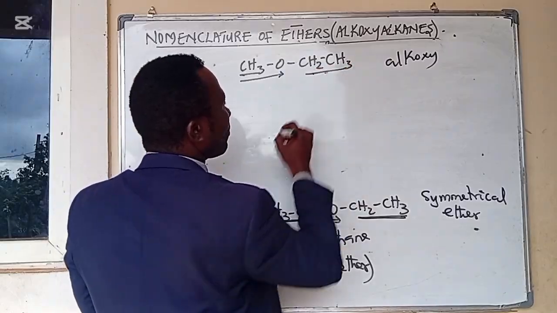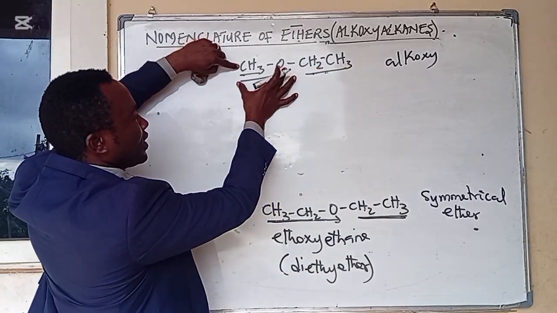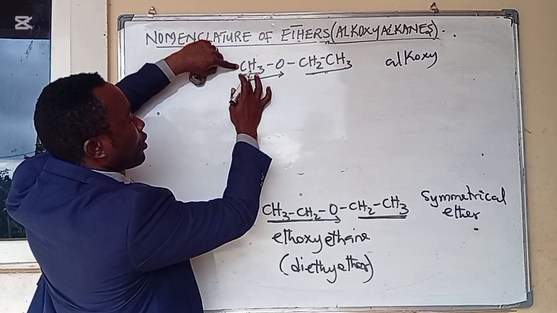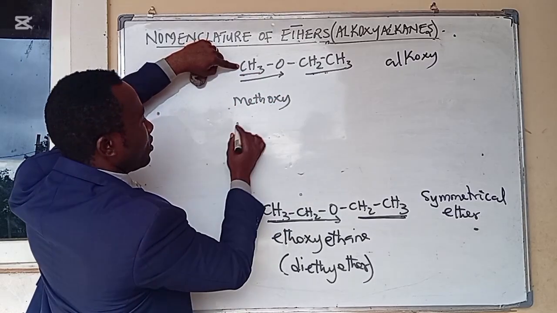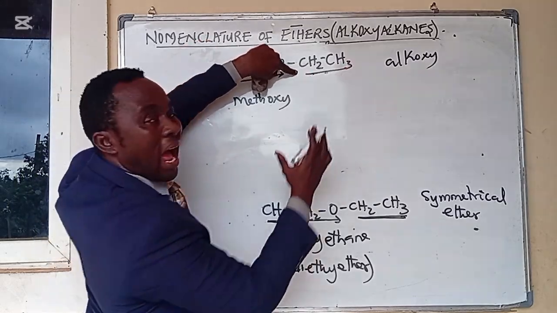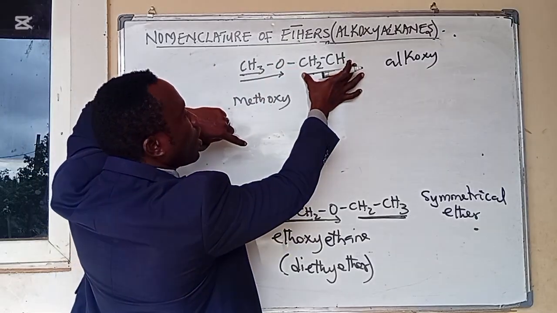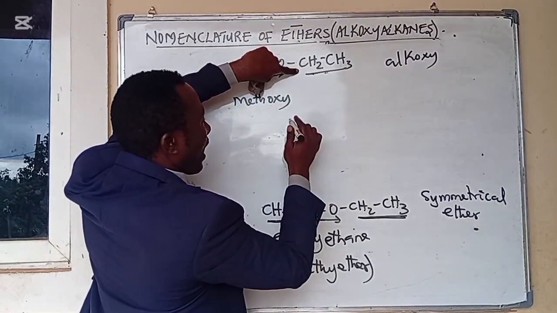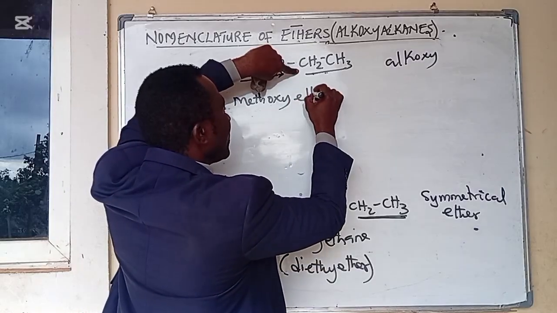Why does this side become the alkane part? Now, how do we name this alkoxy? This alkoxy has 1 carbon. That is methoxy, from met and oxy. Then this part which has larger carbon atoms should be the alkane part. The alkane with 2 carbon atoms is ethane.